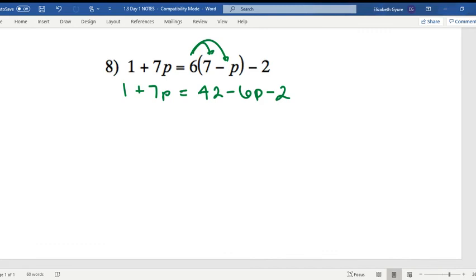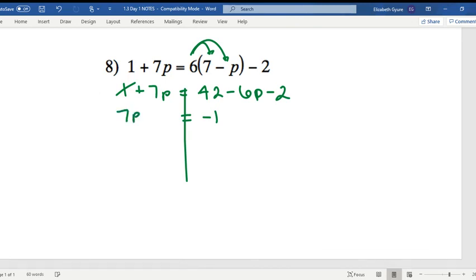Hannah, now what? Okay, yeah, that 1, it's a number, switch it over, make it negative. What else could I do? What about with this 7p? Stay or go? That's going to stay.